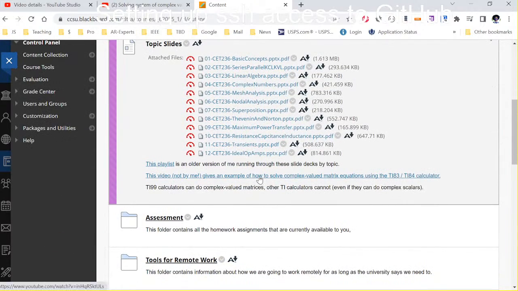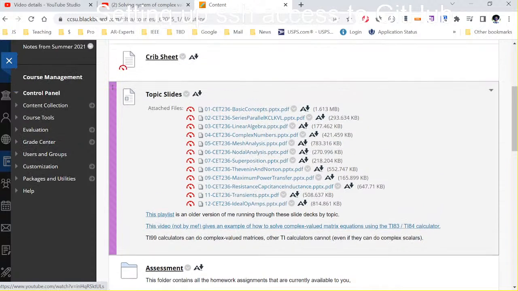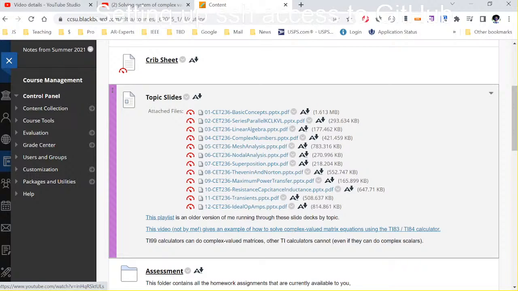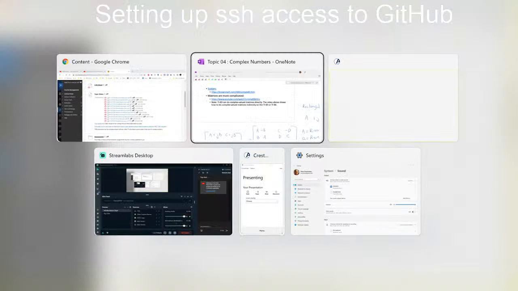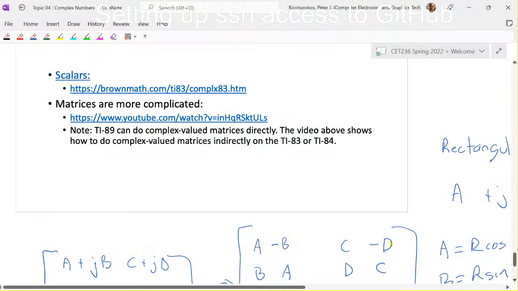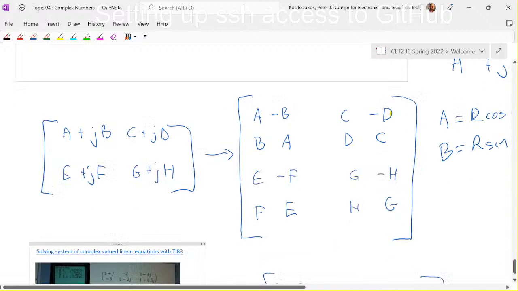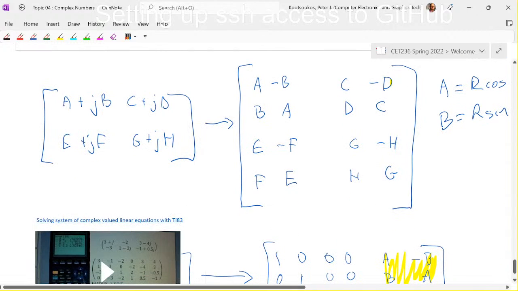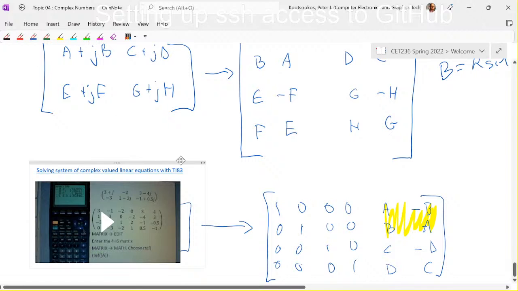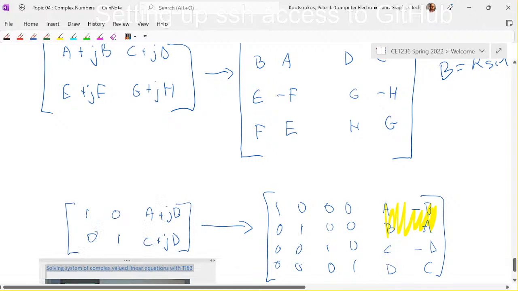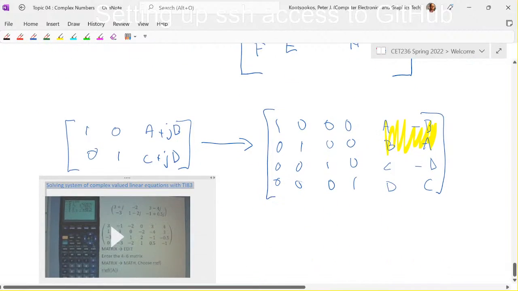Oh, there we go. It looks like it's there already. Right, so it's under topic slides, and this video gives an example of how to solve. That's the same video. Let's just see if we can move it down out of the way.